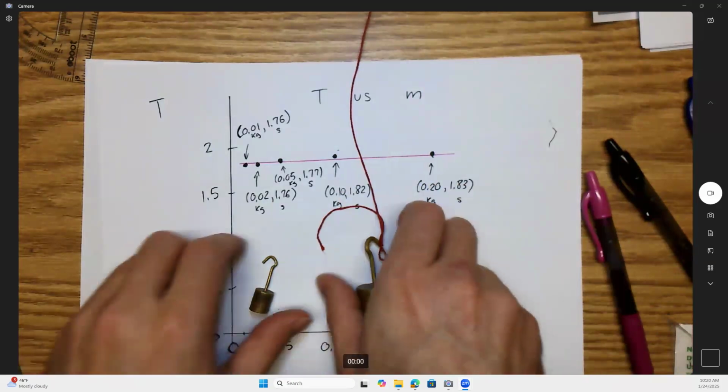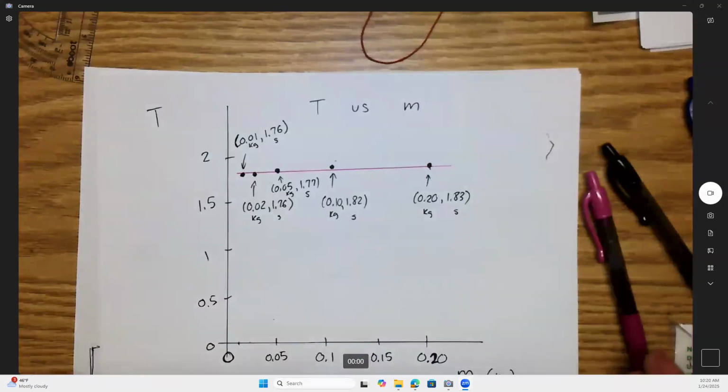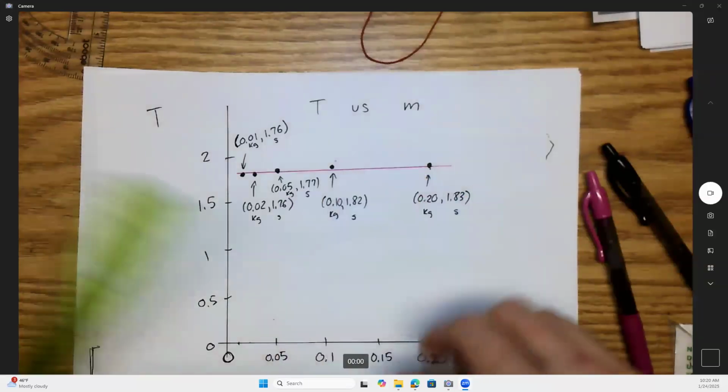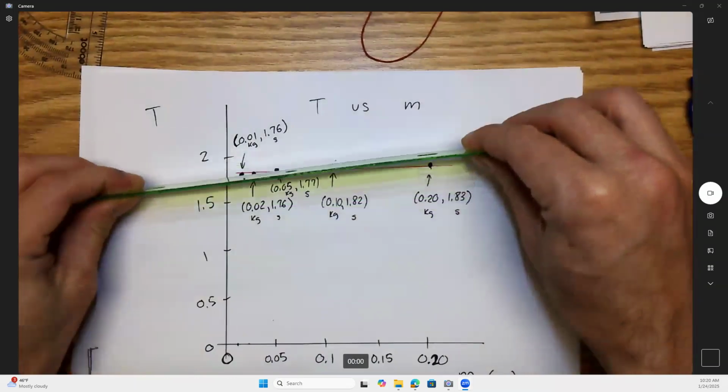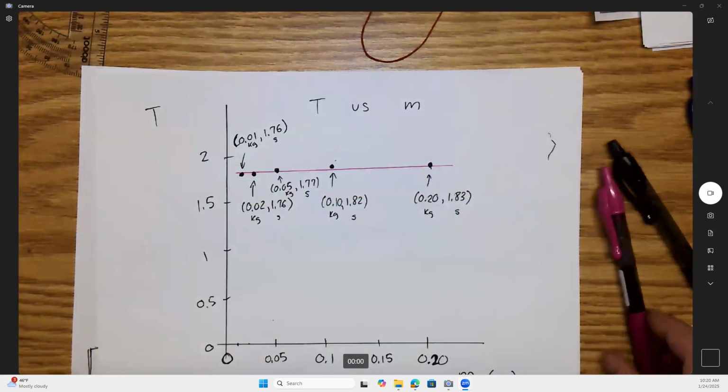So we're getting a little bit of a length effect. Maybe the length of the pendulum was not perfectly controlled, and that's bleeding over a little bit into this graph, and that's why it's not perfectly flat. But this one, pretty nice.